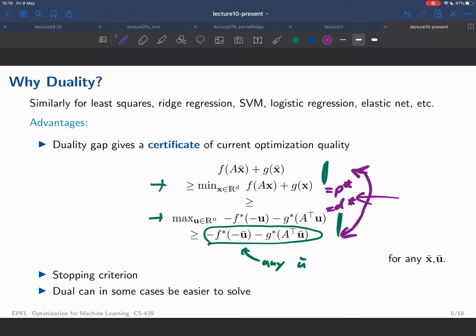We don't know the perfect solution, but we know that it's between any primal value we have and the dual value we have. So that's why this is called a certificate. Okay, you have any x, you have any u, and you know that the truth is somewhere in between, but you don't know the truth.